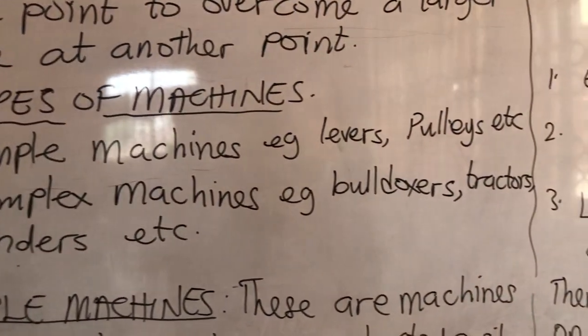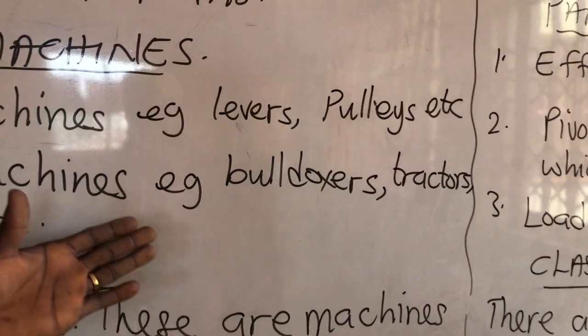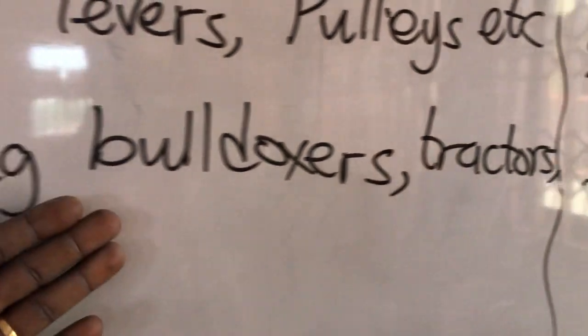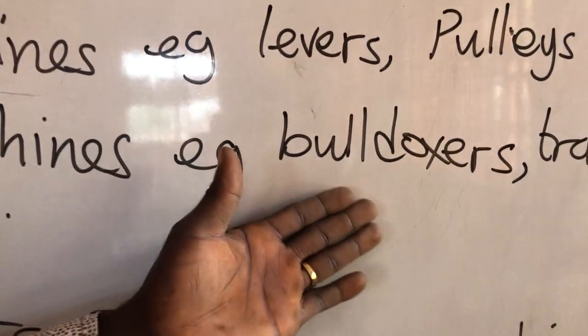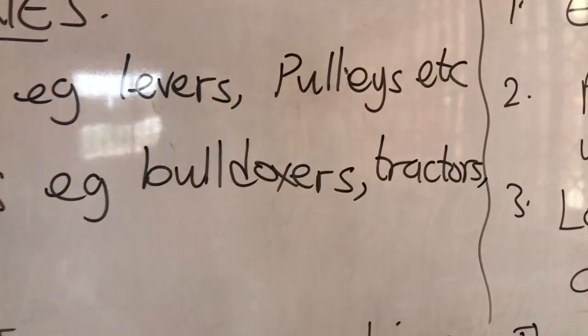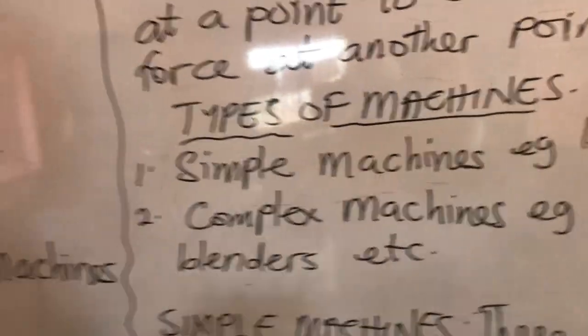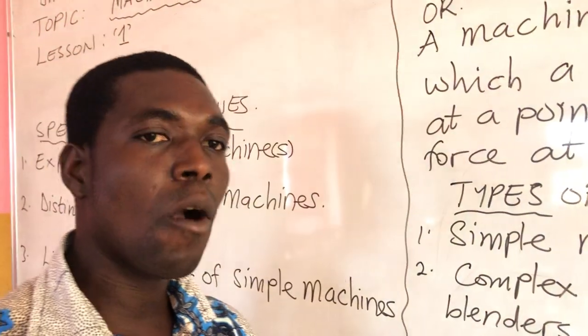Most machines which are under complex or compound machines use engines, and they are difficult to construct. So examples of complex machines, we have bulldozers, tractors, blenders, which you normally use at home. So these are examples of complex or compound machines.